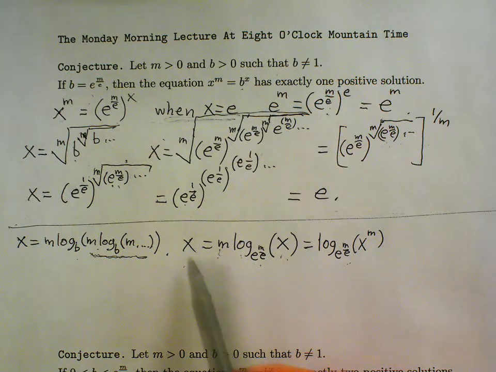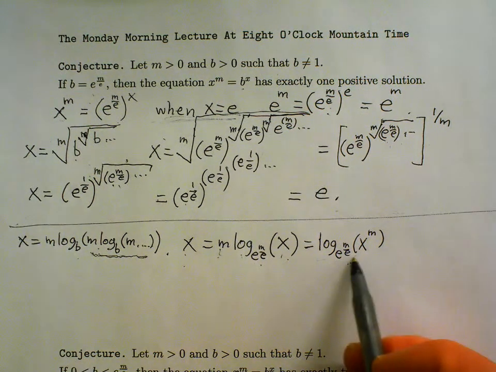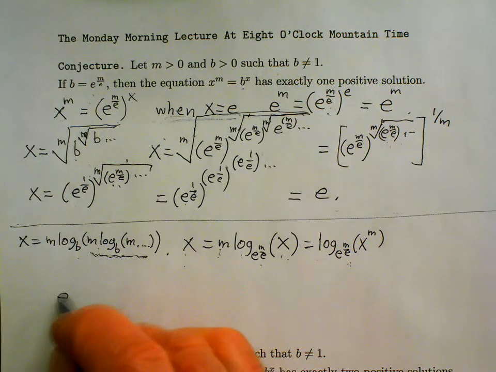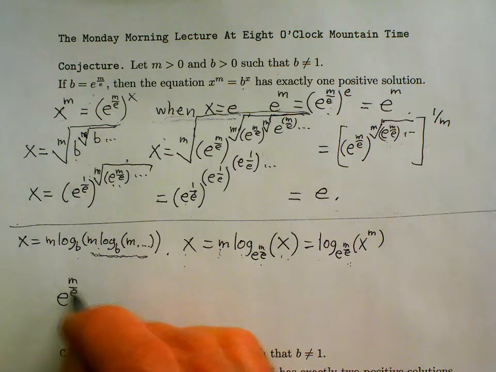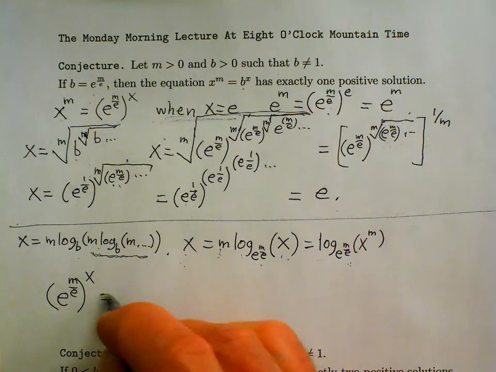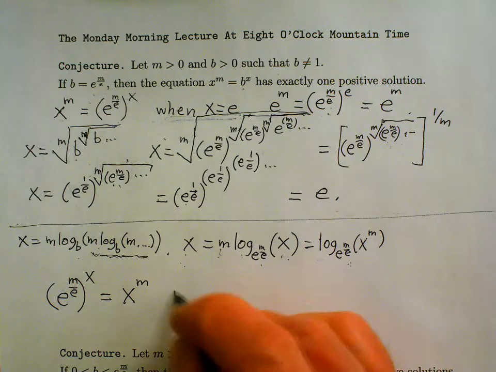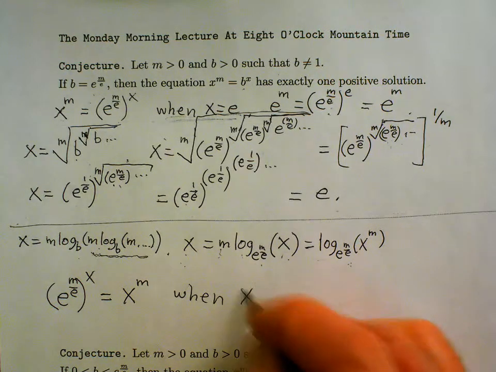And then using properties of exponents, or the definition of the logarithm, we get e to the m over e to the x equals this argument x to the m. And this is true when x equals e.